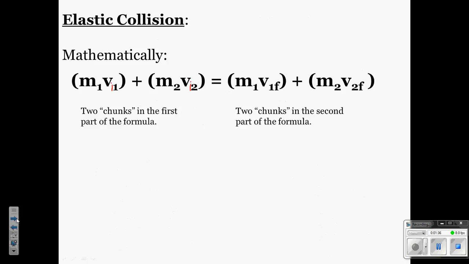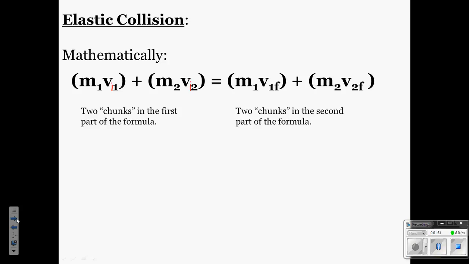For our elastic collision, we have an equation where we take the momentum of our first object, and remember, momentum is the mass times the velocity, and we add it to the momentum of our second object.